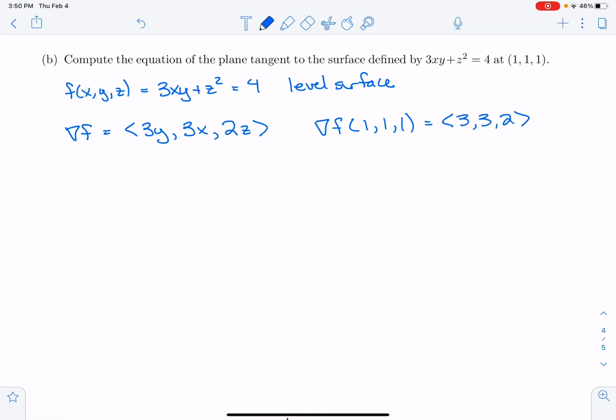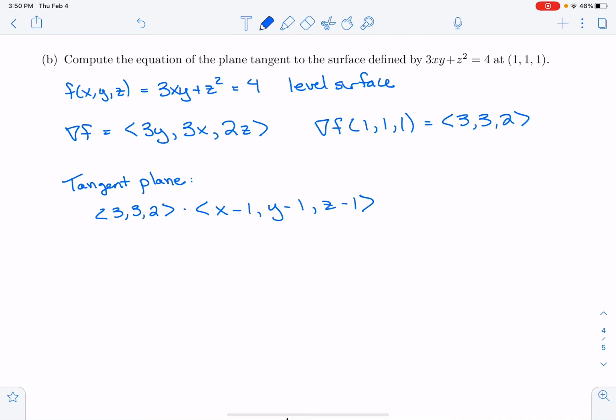And now if I want to look for the tangent plane, I have my normal vector, 3, 3, 2. I'm going to dot that with x minus x0, y minus y0, and z minus z0, where x0, y0, z0 is my point. And that dot product is equal to 0.